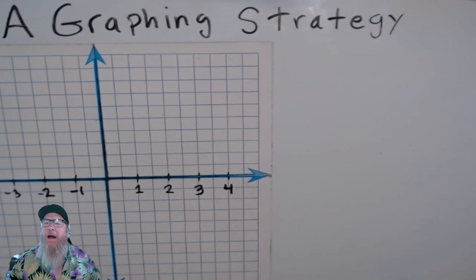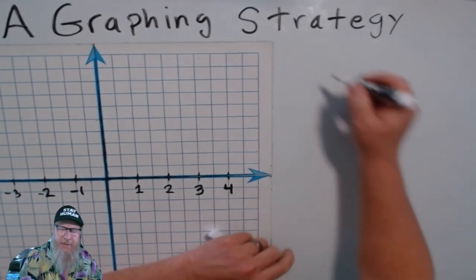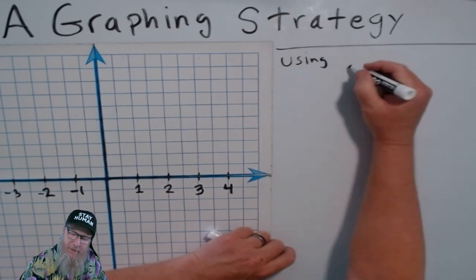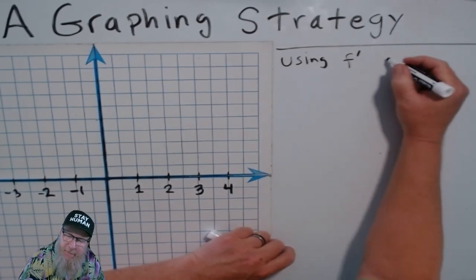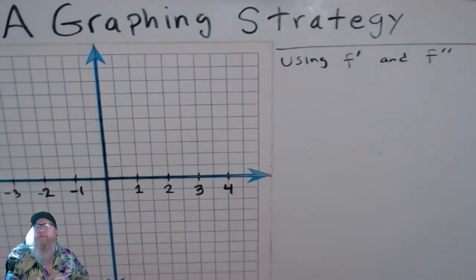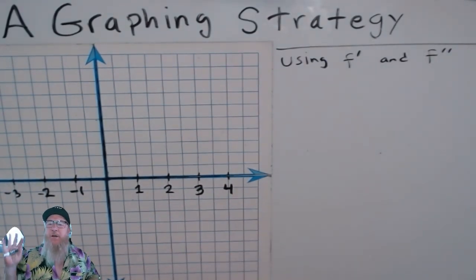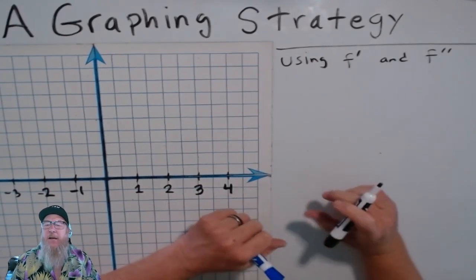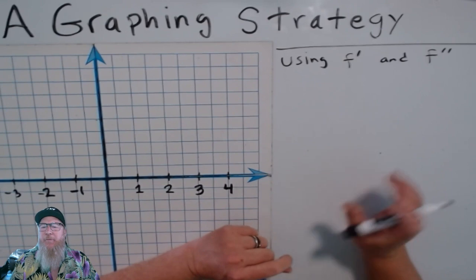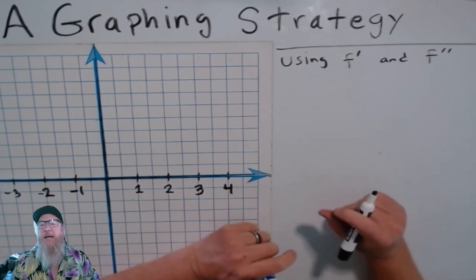Today we're going to learn a graphing strategy using the first and the second derivatives, f prime and f double prime. There are some key characteristics that I talked about in the last couple videos with the first derivative test and the second derivative test.